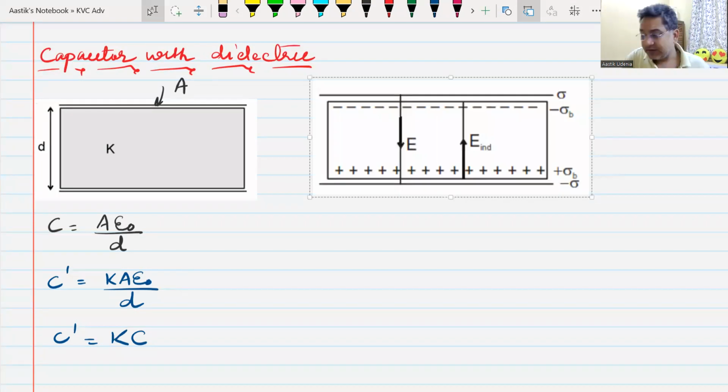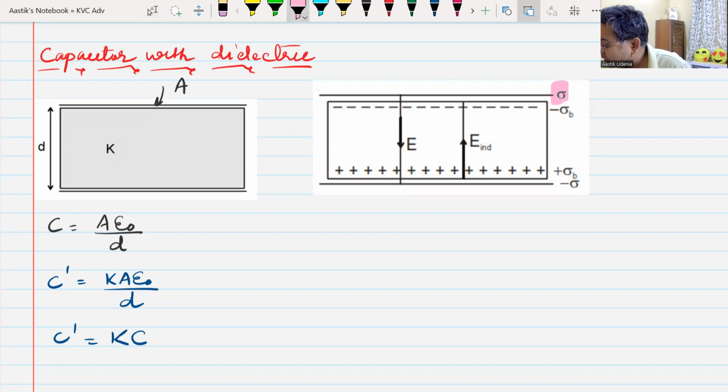Now you can see the same diagram in terms of what is happening inside. This is the original sigma which is given to the capacitor. This is sigma I, which is the induced charges which are coming.